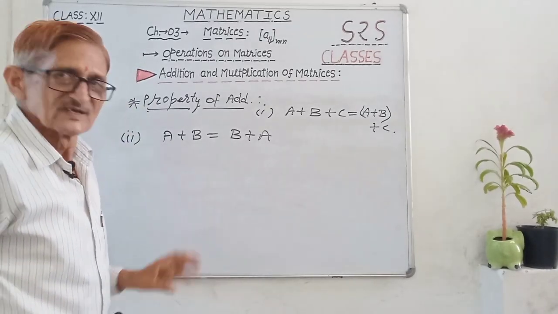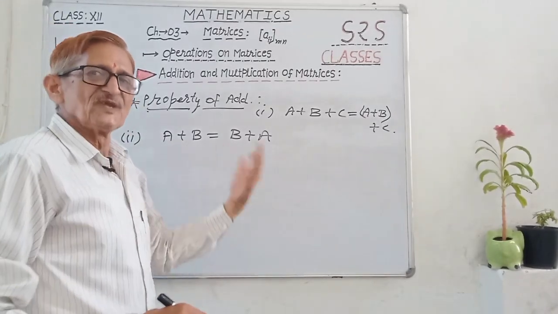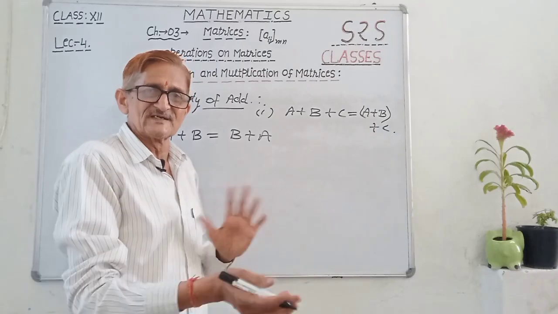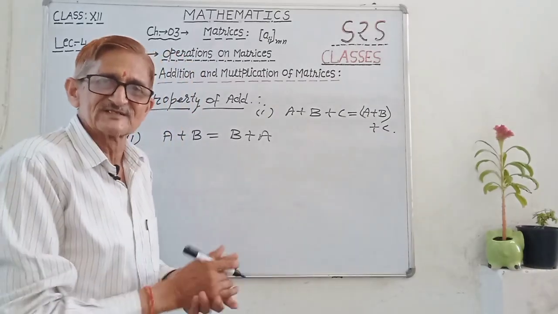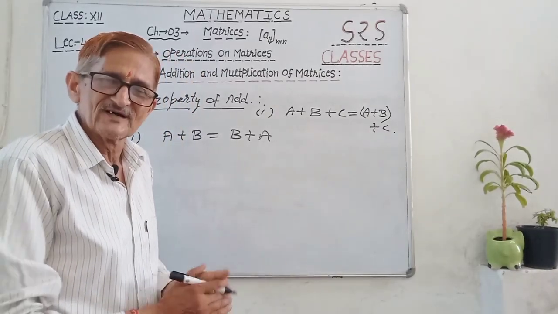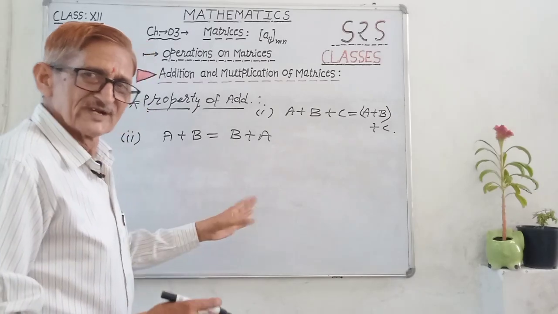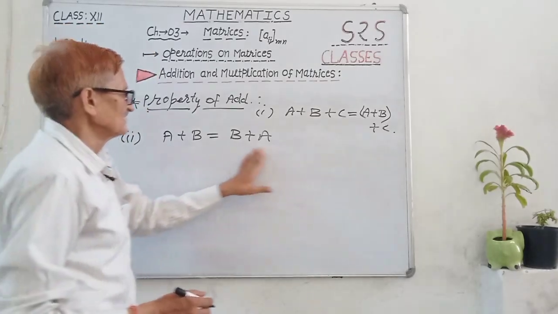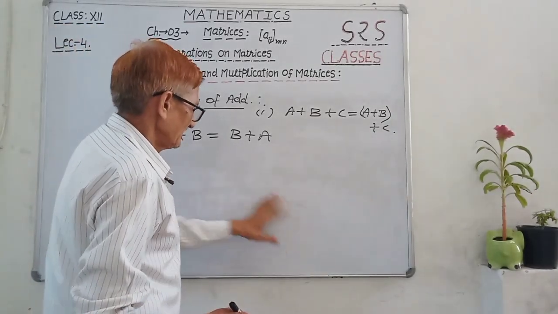Clear? A plus B कर रहे या B plus A कर रहे हो, कोई सी एडिशन किसी में कर रहे, कॉरस्पॉन्डिंग एलिमेंट सम निकालना है, इजी होगा. ठीक है, तो commutative. This property is called commutative. Done.